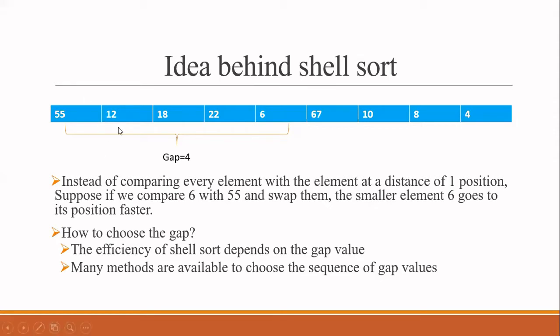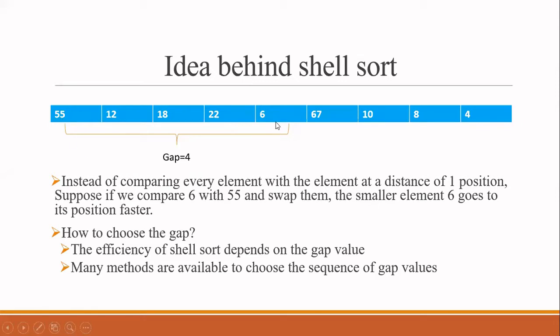Now, in this diagram, I am first considering this 6. I am going to compare it with 55. If you see the gap between 6 and 55, the gap is 1 element, 2 elements, 3 elements, 4 elements. So the gap is 4. Now, if I compare 6 with 55, since 6 is less than 55, I will bring 6 to the first position, and then I will bring 55 to the position of 6.